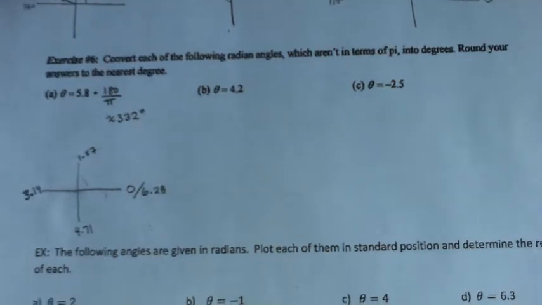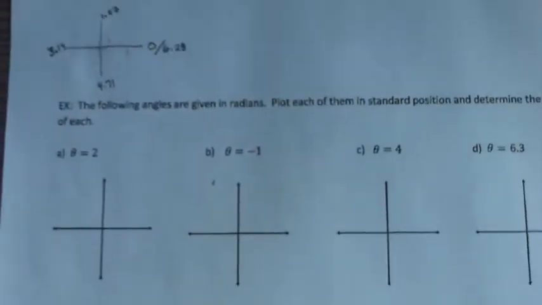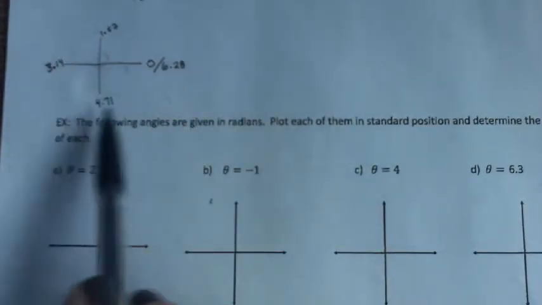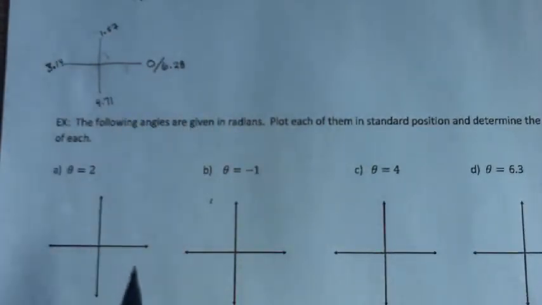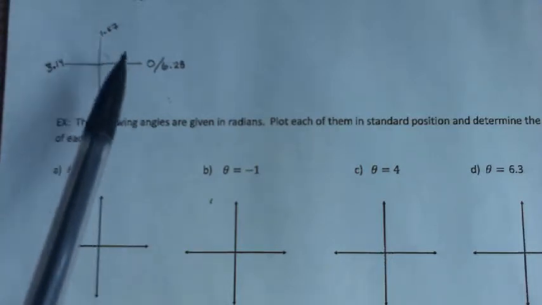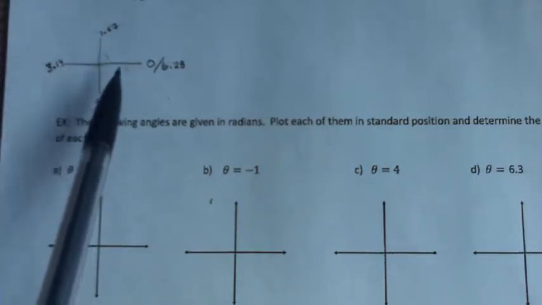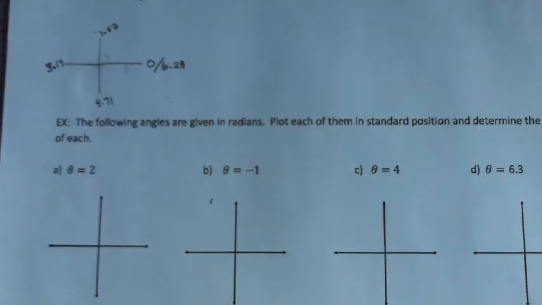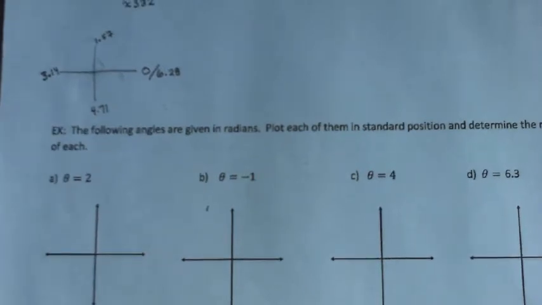Okay? And then in the very last section, I'm going to use this up here as my guide. What quadrant, Jason, would 2 radians be in? If you were looking at this, 0 opening up to 6.28, where would 2 radians be? First, second, third, or fourth? Nope.